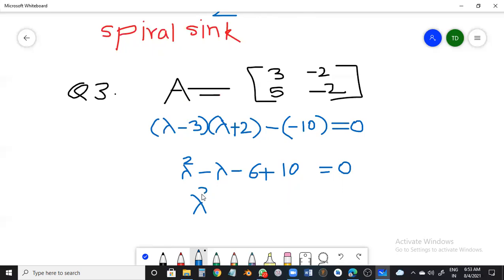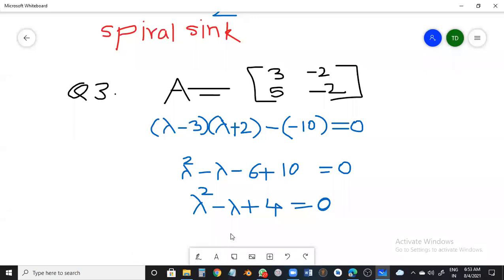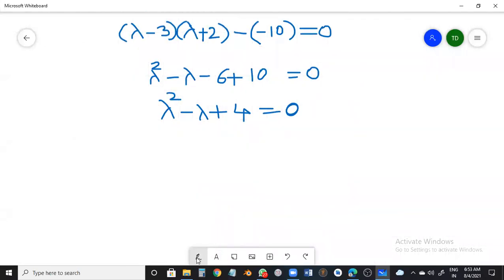Lambda square minus lambda plus 4 is equal to 0. I think you are getting the point. Again, I would like to concentrate on the coefficient of lambda, that is minus. One more thing, b square minus 4ac is going to be minus 1 square is 1, 1 minus 4 times 4 is negative. So it has to be ultimately negative.